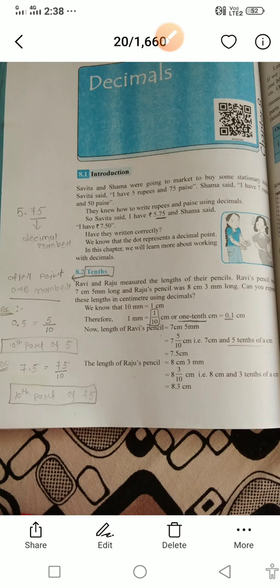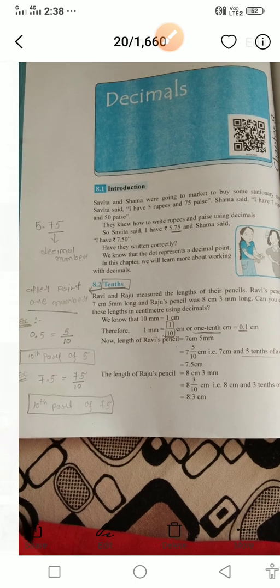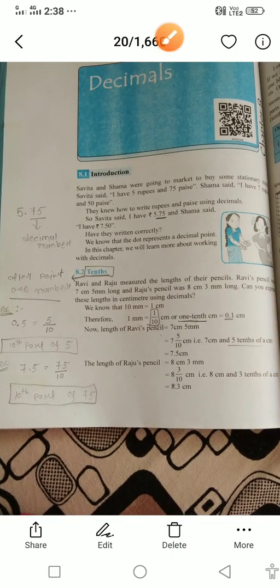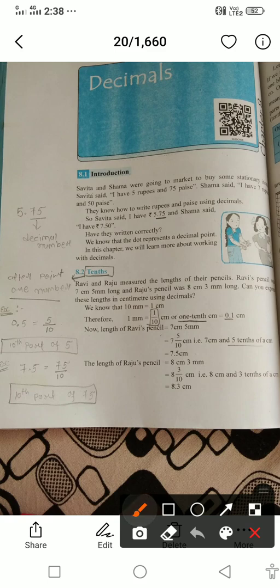Now we can also say it is the tenth part of 5. If we write it in words, it is the tenth part of 5. In Gujarati we say પાંચનો દસમો ભાગ.